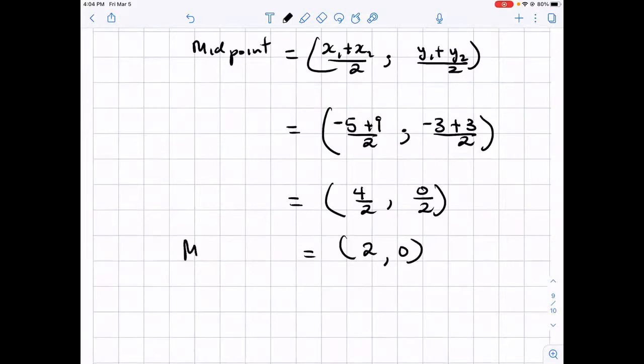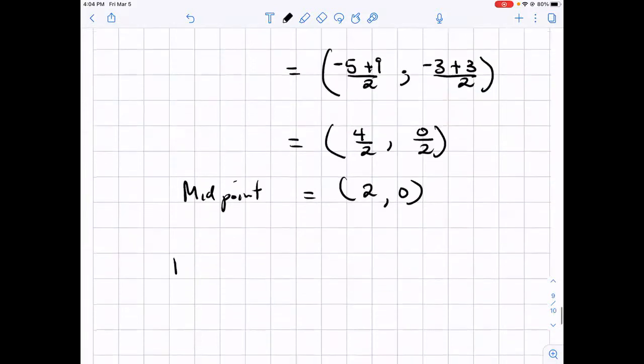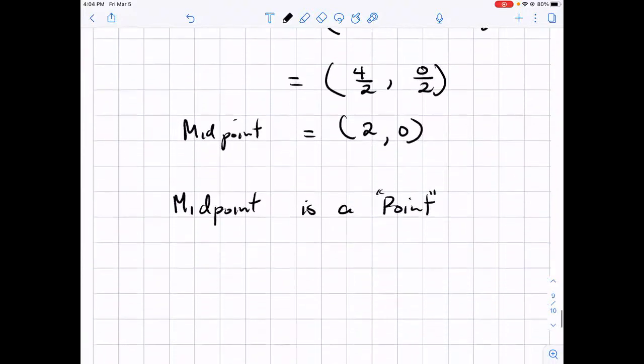So notice that midpoint is a point, so you will have an x and a y. Whereas distance is a number that represents the length of something.